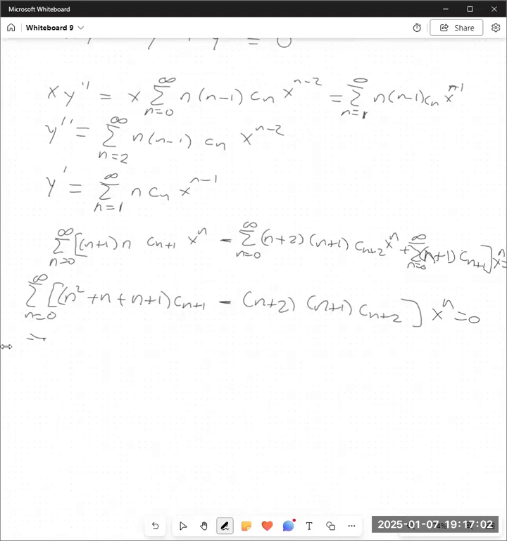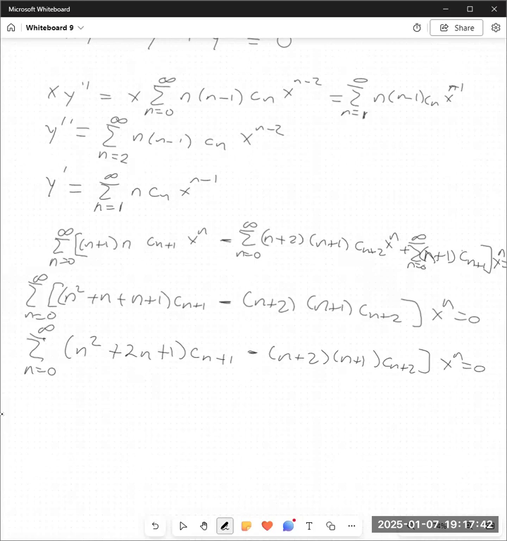This is the sum from n equals 0 to infinity of (n squared plus 2n plus 1) c_{n+1} minus (n plus 2)(n plus 1) c_{n+2}, x^n equals 0.